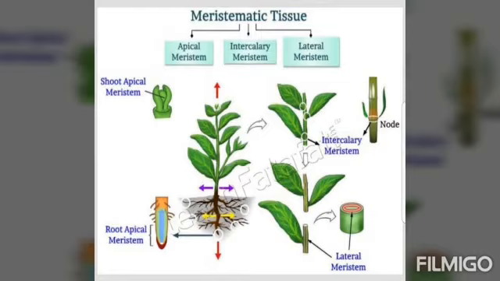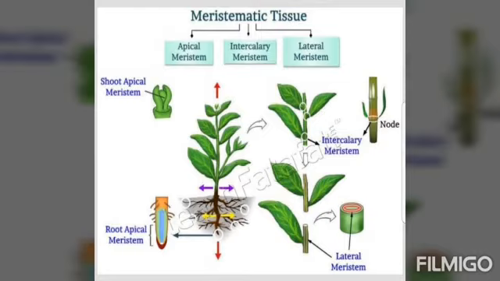Both apical meristem and intercalary meristems are primary meristems because they appear early in the life of a plant and contribute to the formation of the primary plant body. The meristem that occurs in the mature regions of roots and shoots of many plants, particularly those that produce woody axis, and appears later than primary meristem, is the secondary or lateral meristem.